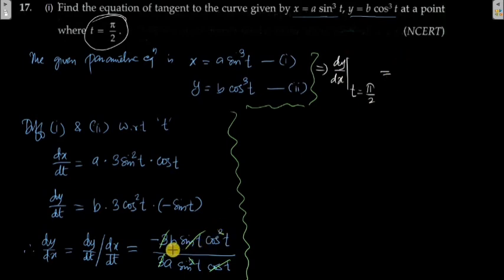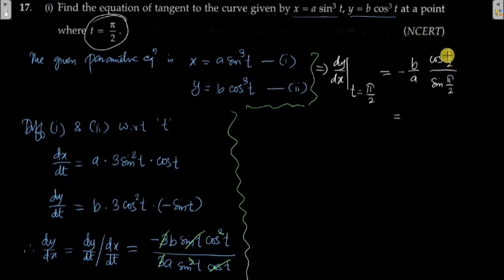First and foremost, we have minus b by a. In the numerator we have cos t, and in the denominator we have sin t. So cos t is cos pi by 2, because we need to put the value of t to be pi by 2, divided by sin t, which is sin pi by 2. Now all of you know cos pi by 2 is how much?